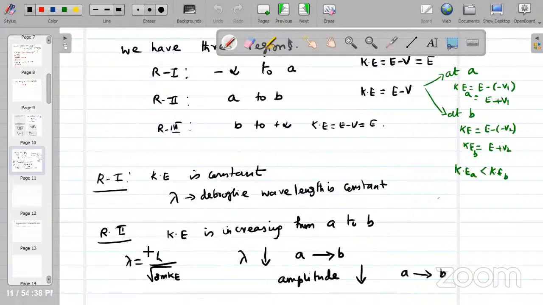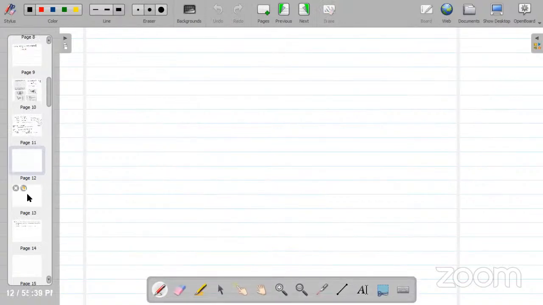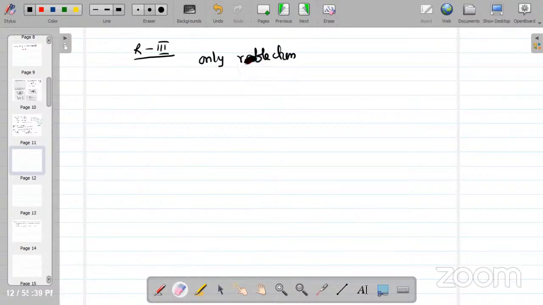So region 2, region 3. Only reflection, sorry, only transmission.